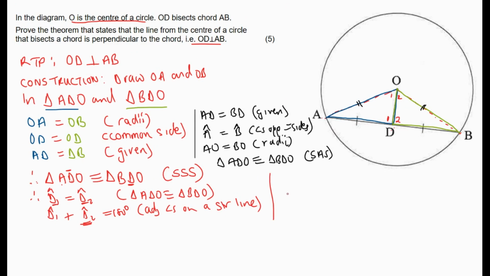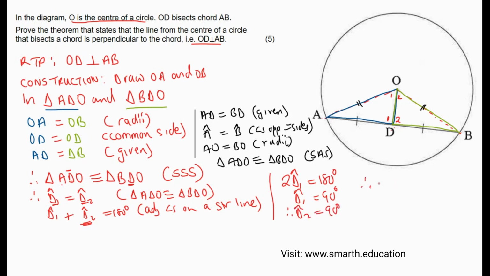So it becomes 2 times D1 is equal to 180 degrees, and then D1 is equal to 90 degrees. And then D1 is equal to D2, and therefore D2 is also equal to 90 degrees. Now we've managed to prove that OD is perpendicular to AB, because this angle is 90 degrees and this angle is 90 degrees.